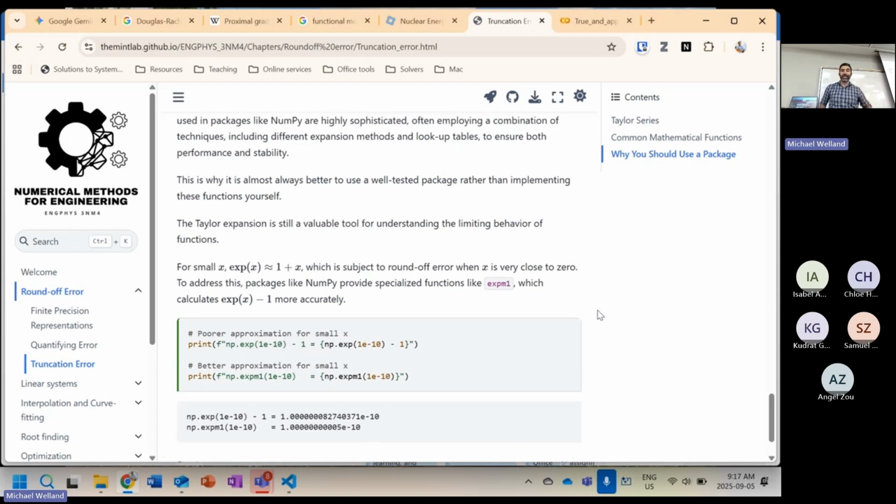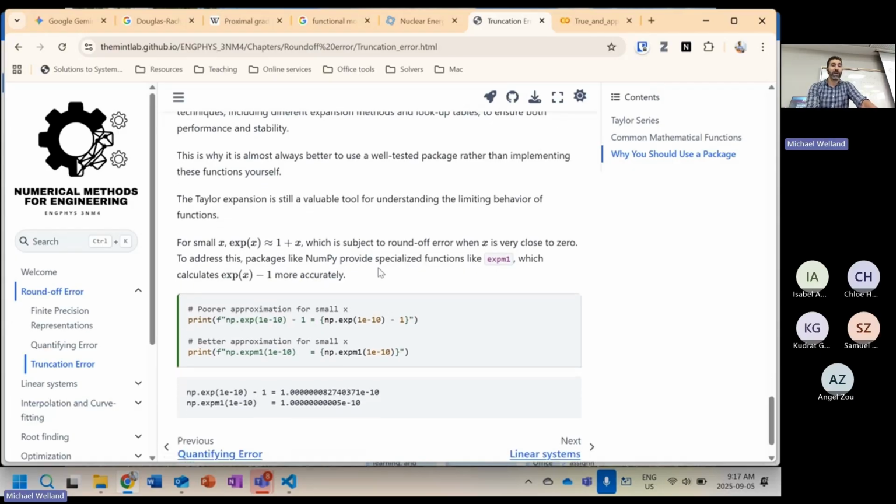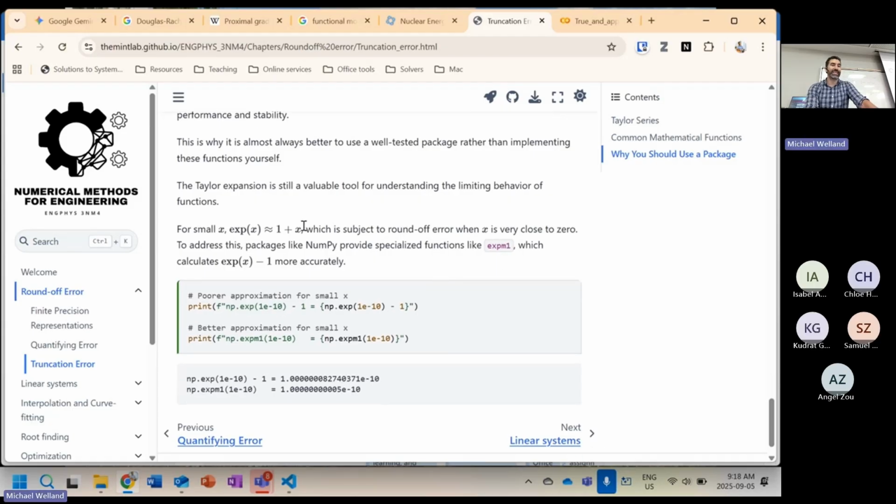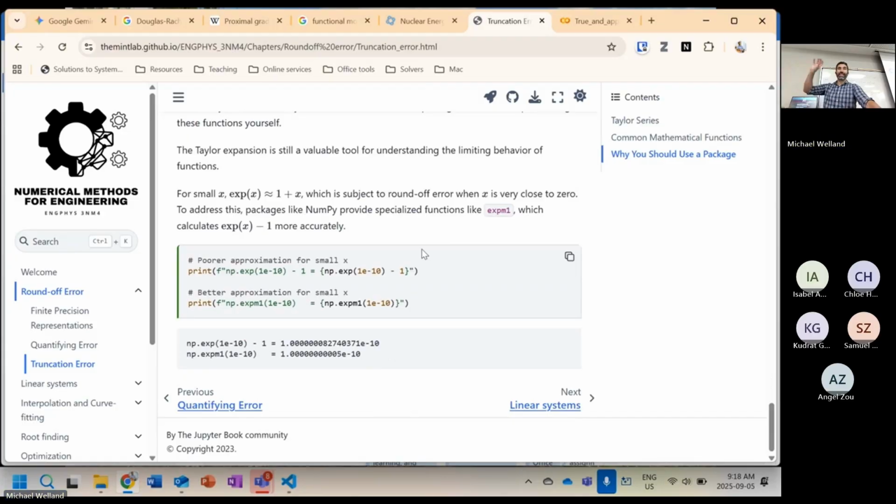Another very insidious one that comes up a lot is the exponential, exp of x minus 1, when x becomes small. It becomes a whole bunch of problems, because the expansion of the exponential of x is roughly equal to 1 plus x as x gets very small. When x gets small, this tends to get washed out in finite precision, because you've got 1 and you've got x over there, and that tends to cancel out.